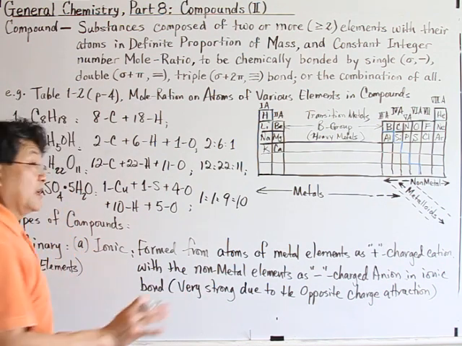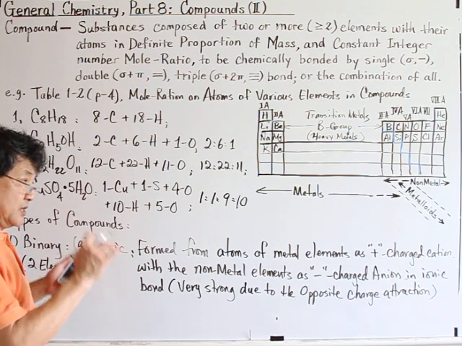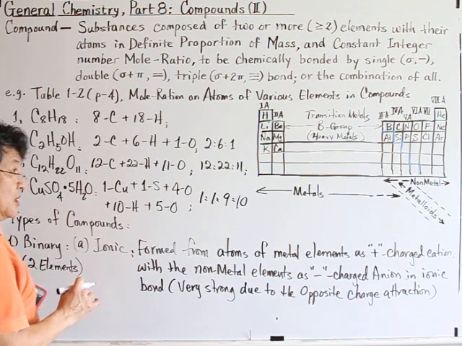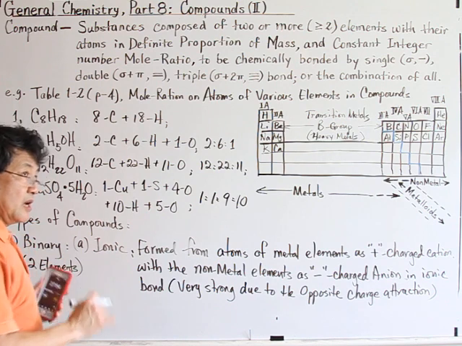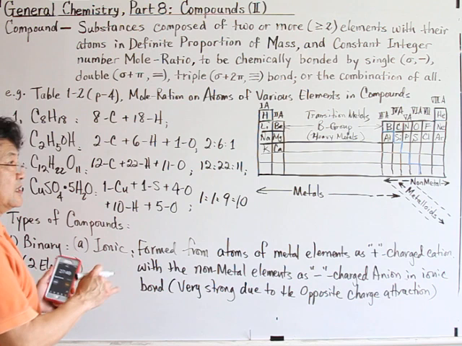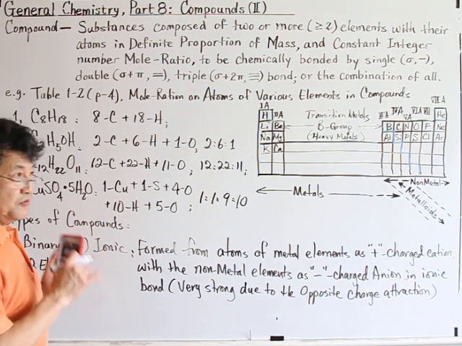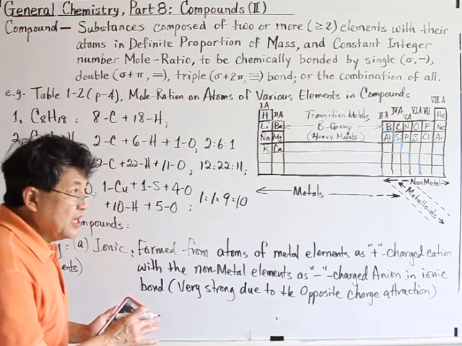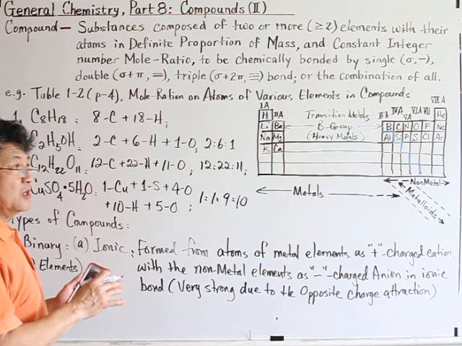And under ionic we have another small subgroup. One type of binary compound, ionic, is made from an element that has only one fixed oxidation state, or you say charge.